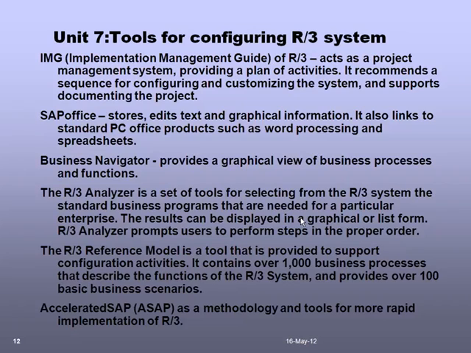Then there is something called SAP Office, which basically stores and edits the various documents which we use for maintaining information for a project. So this is something like a project management tool. Okay, so it contains all the information.